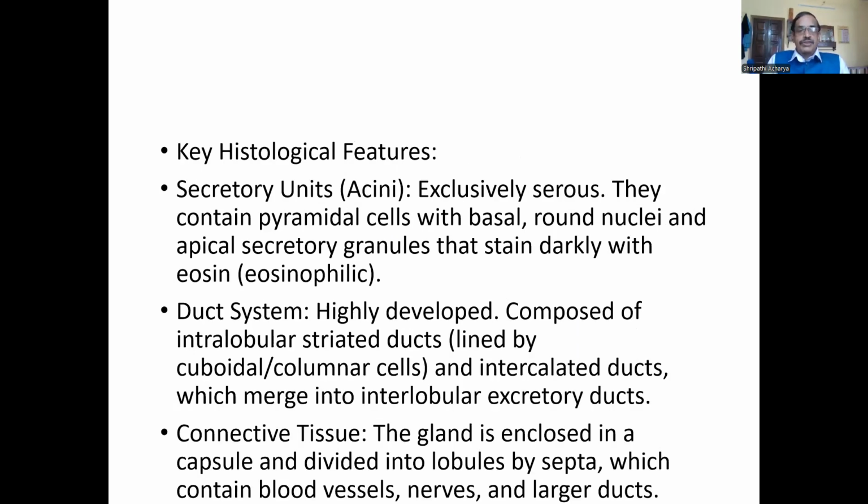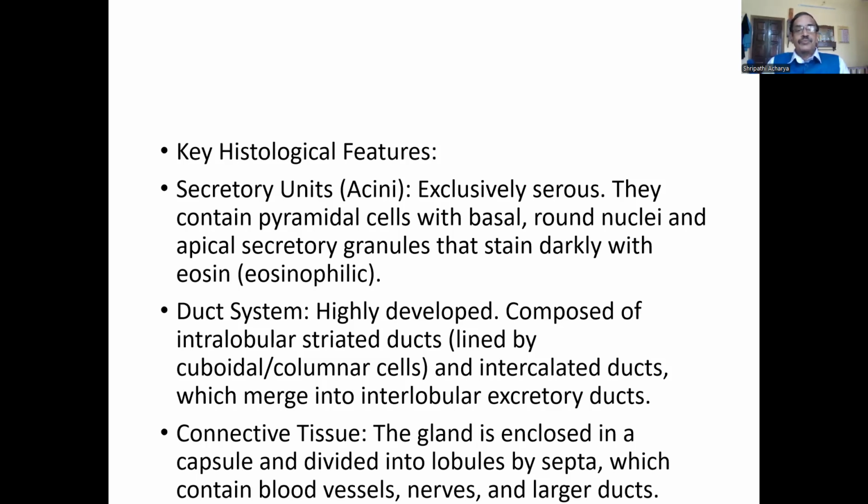Key histological features. Secretory units, that is acini, are exclusively serous. They contain pyramidal cells with basal round nuclei and apical secretory granules that stain darkly with eosin, that is, eosinophilic.